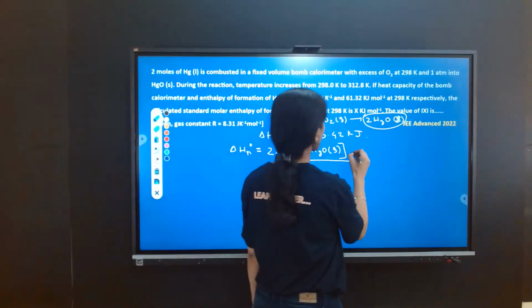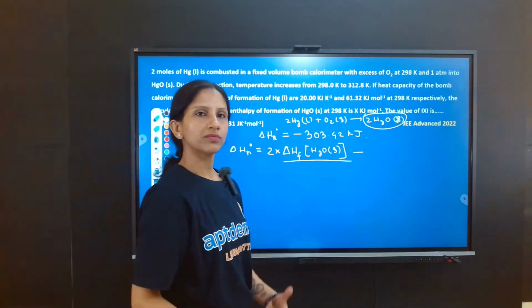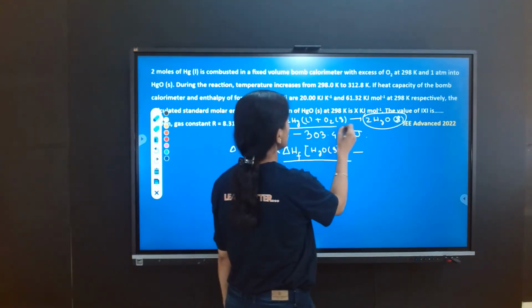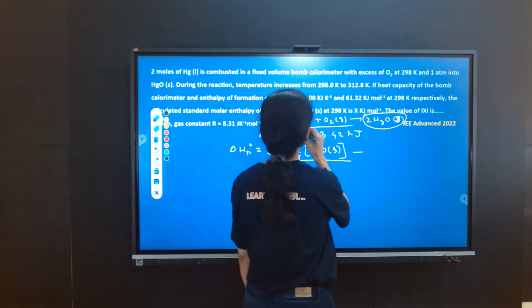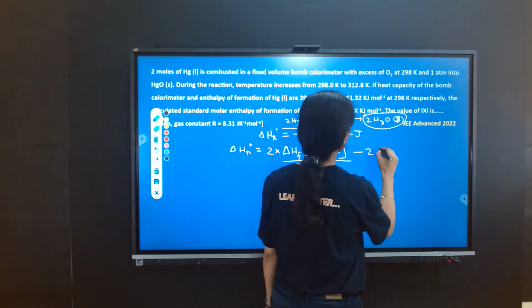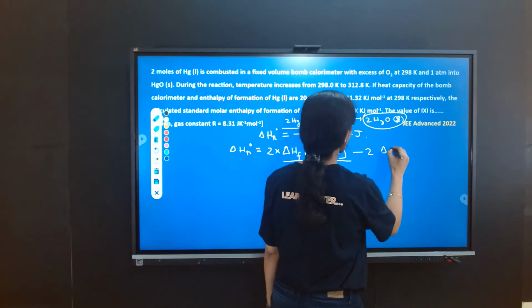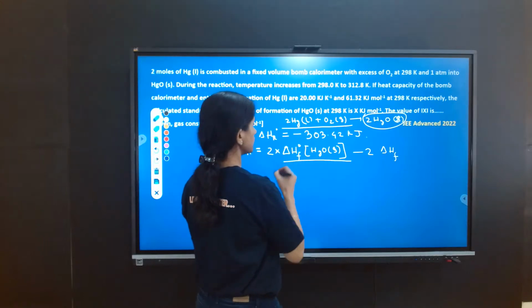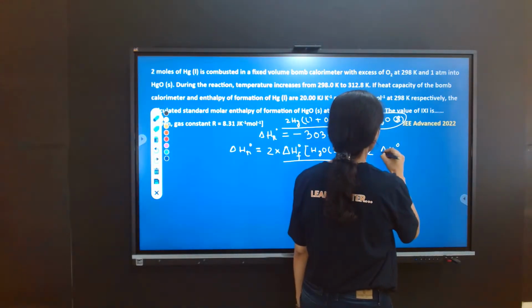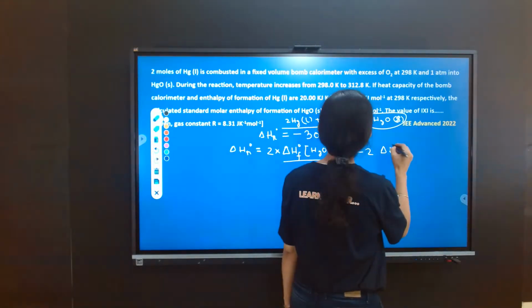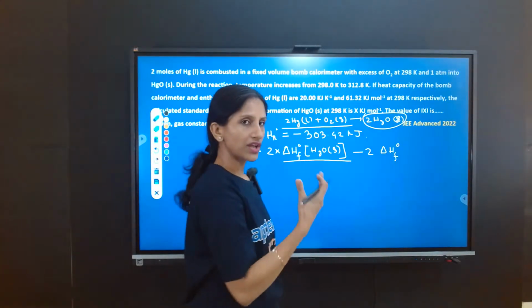And for the reactant side, the heat of formation must be negative, so we will use negative sign for the reactants, right? Standard heat of formation for HgO solid, this one, and I'm now writing for the reactants.